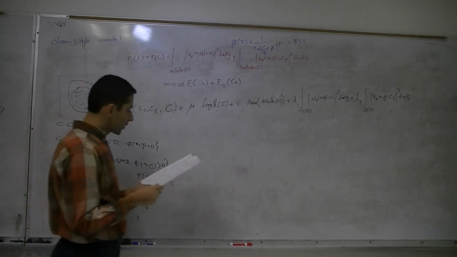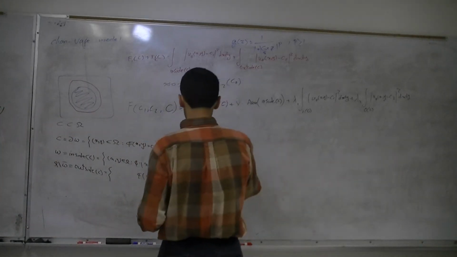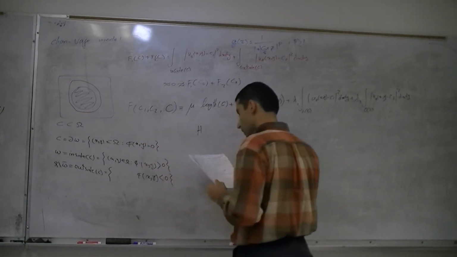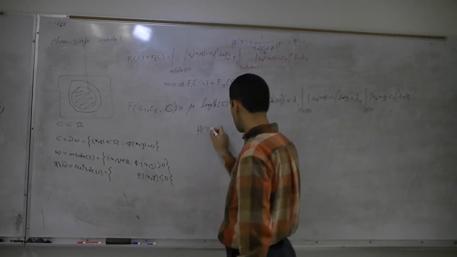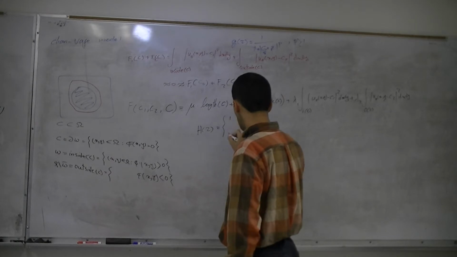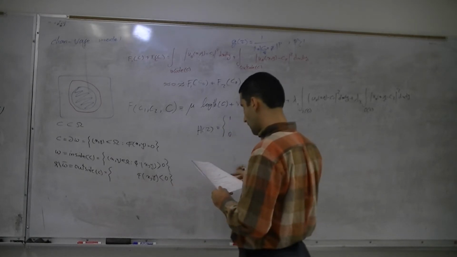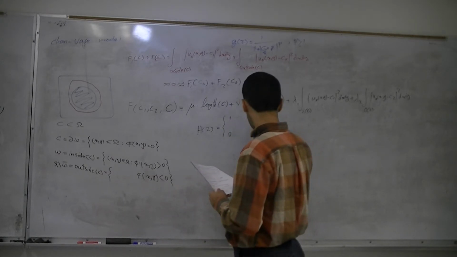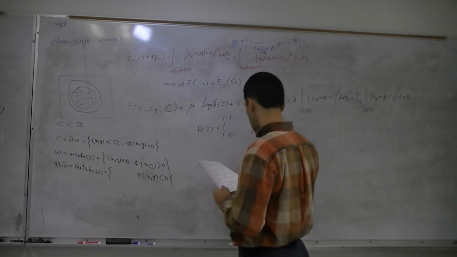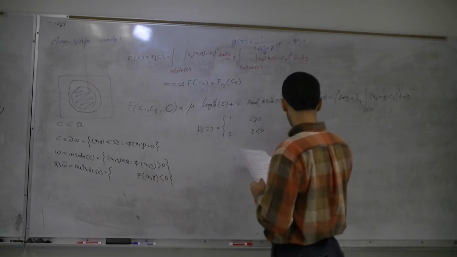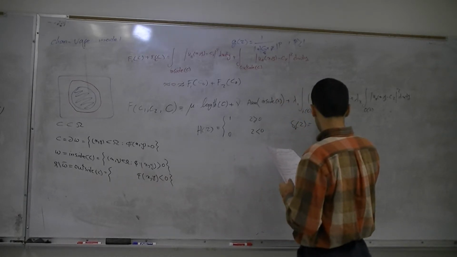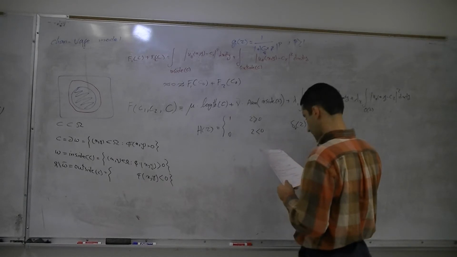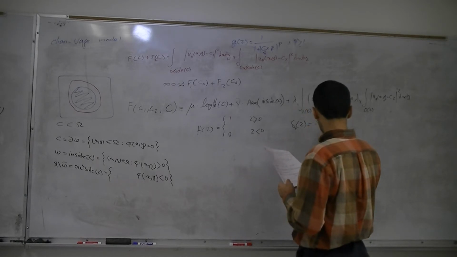We can have a step function of Chan-Vese, h of c, equal to 1 if c is bigger than 0, and 0 if c is less than 0, and delta 0 of c, which is equal to dh over dz.